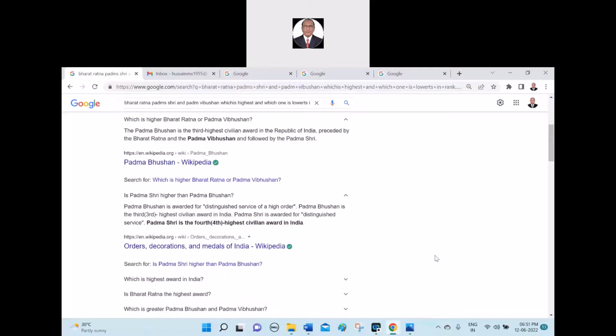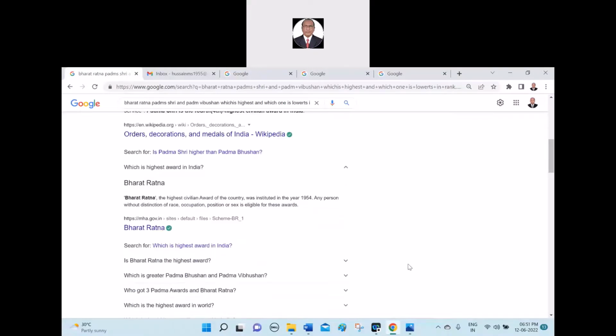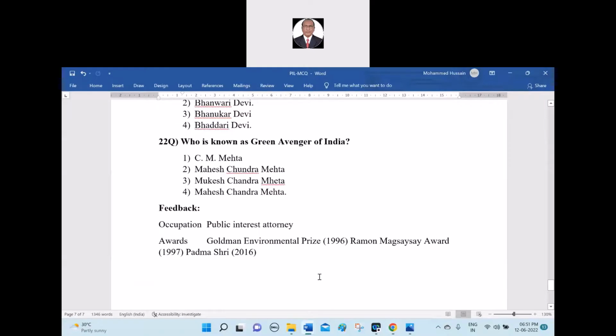But the Bharat Ratna is the highest award in India, instituted in 1954. Any person without distinction of race, occupation, position or sex is eligible for these awards. So that is the sequence. Sometimes they may ask in that way also, wherever it demands.